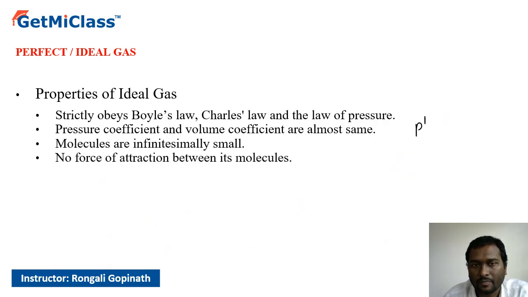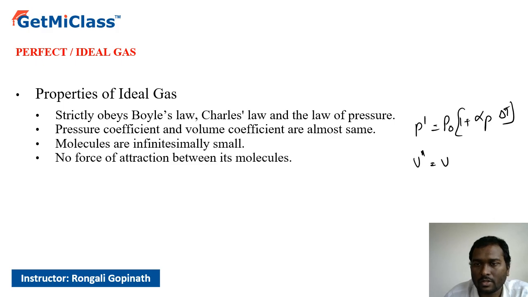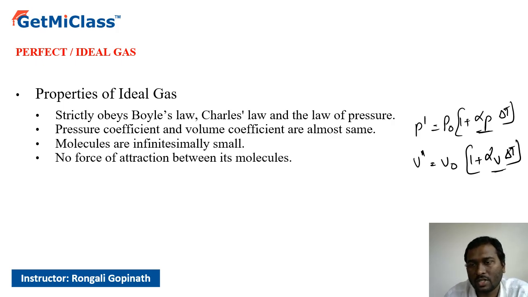Pressure is equal to P naught into 1 plus alpha P delta T. Similarly, volume is V naught into 1 plus alpha V delta T. Alright, this is called the coefficient of pressure and coefficient of volume. These two should be almost similar. Why do they have to be almost similar?